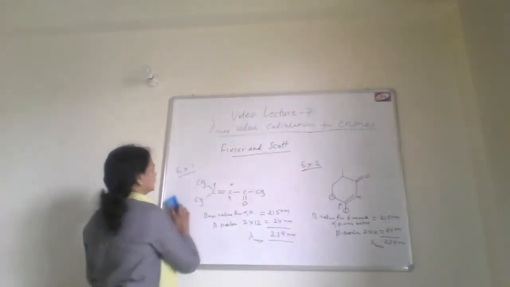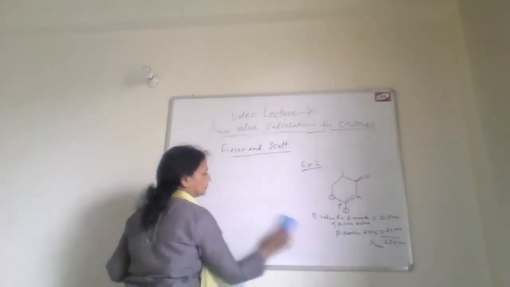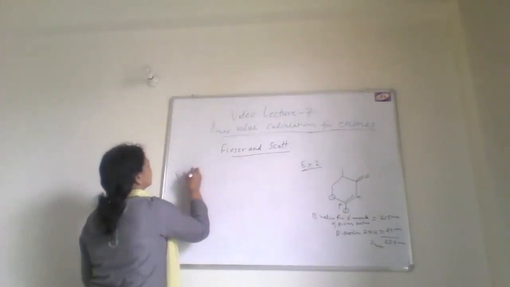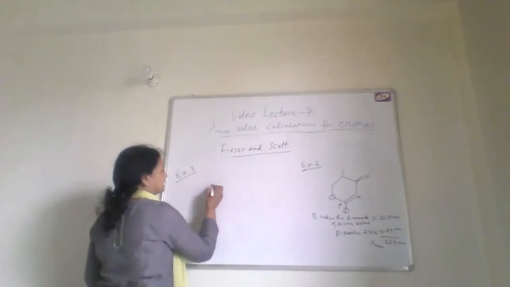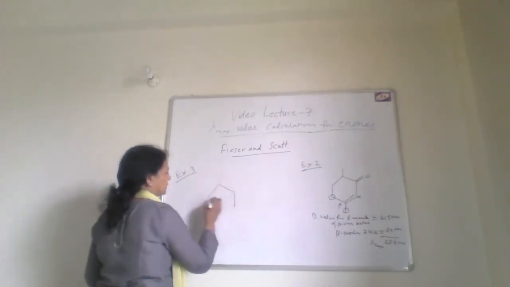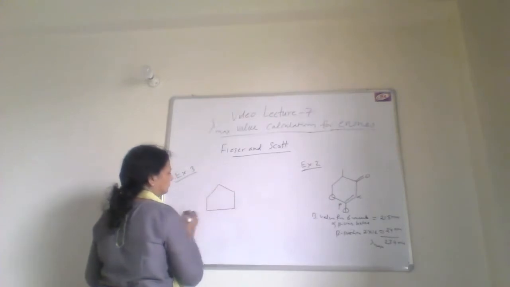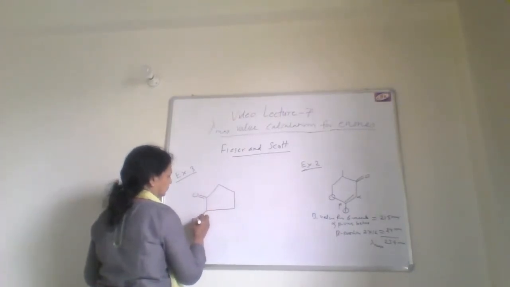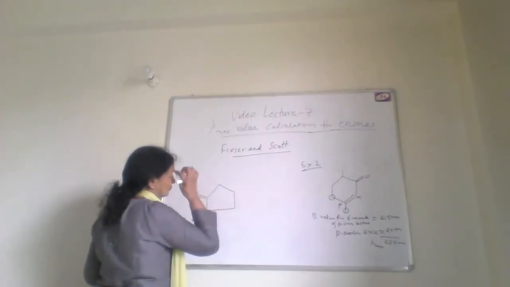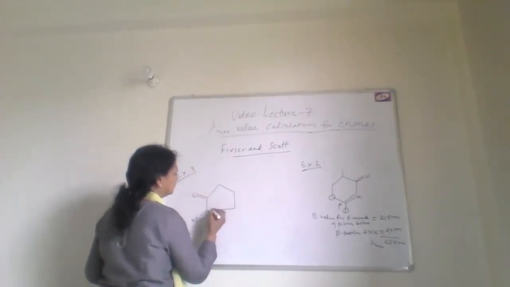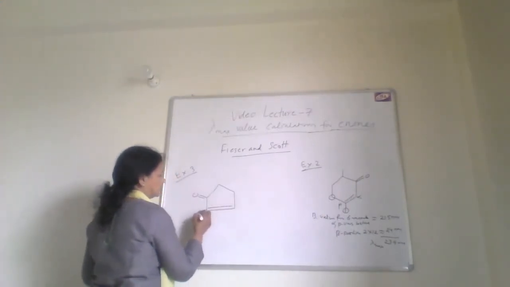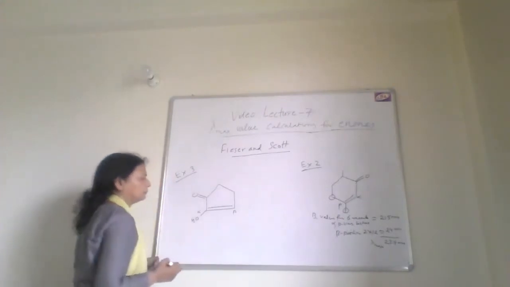Example 3. In example 3, let's see, a 5 member ring. This is alpha and this is beta, right?